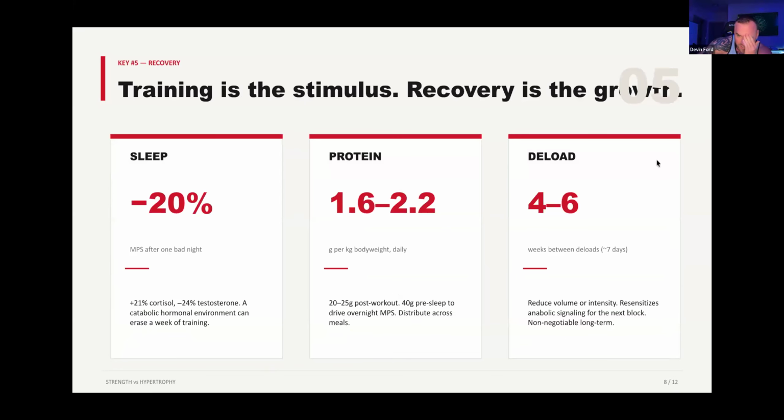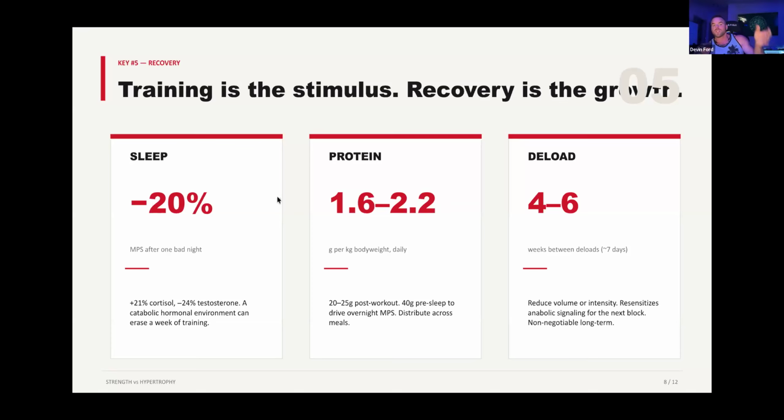Now, here's something that is crazy. Here are things that can negatively impact your ability to increase muscle. Let's say you're doing all of that stuff and you're doing the right exercises, the right way, with the right loads, at intensity, going to failure. Sleep: one bad night can lower muscle protein synthesis by 20%.